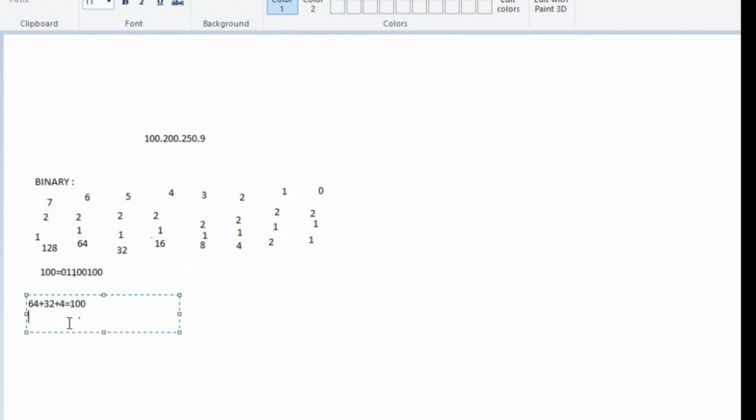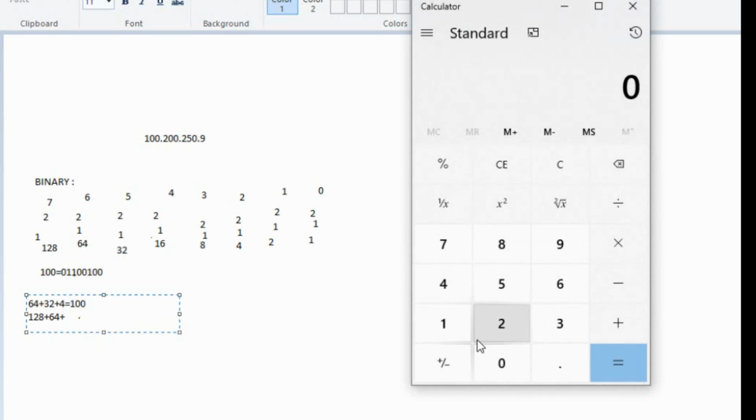So 128 on bit, yes, it works, and 64, yes, on bit, it works. 128 plus 64 is 192. So we need 8 more.